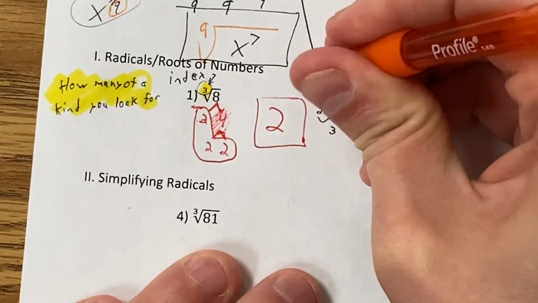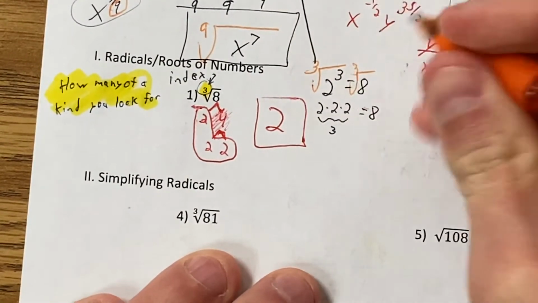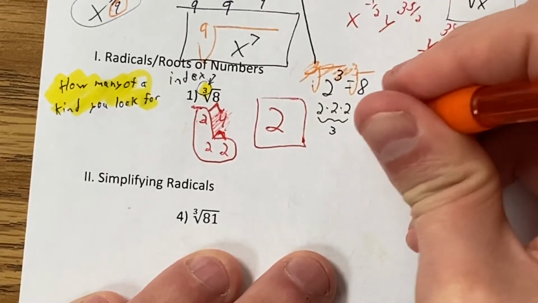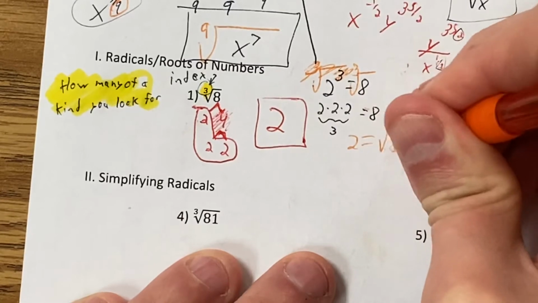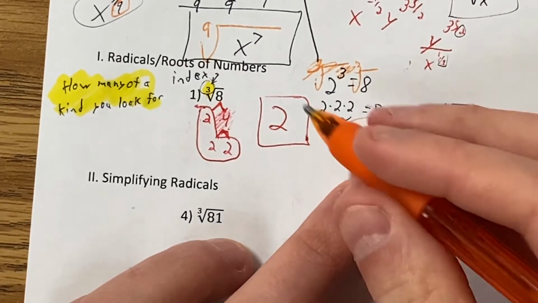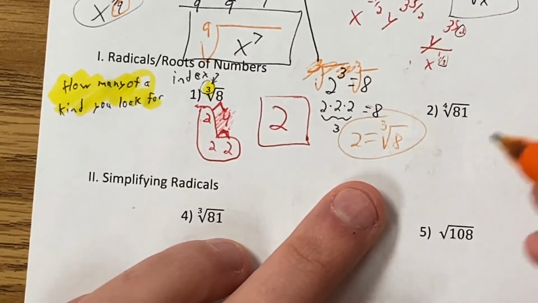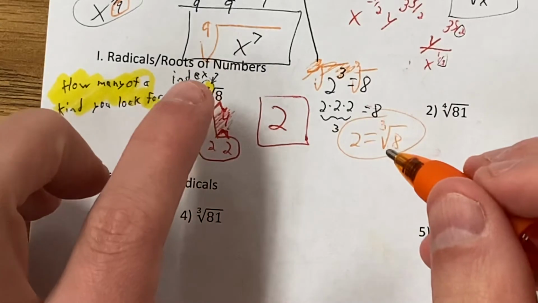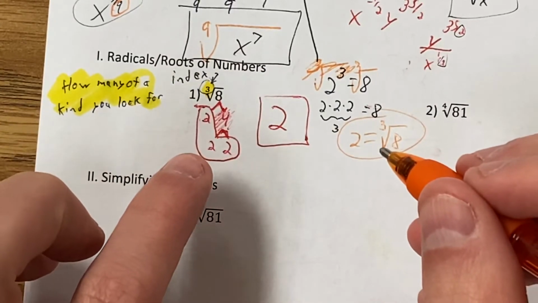If you take the cube root of both sides, cube roots and cubes cancel, and you would get 2 is equal to the cube root of 8. This isn't really necessary for reducing these things, but just in case you want to see the connections in math, that's why the cube root of 8 is 2, because 2 cubed is 8.